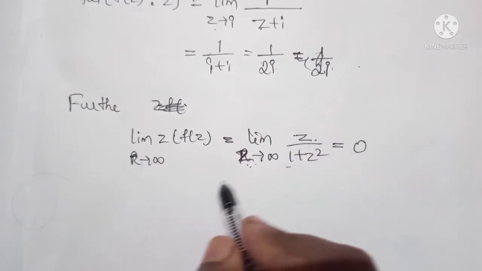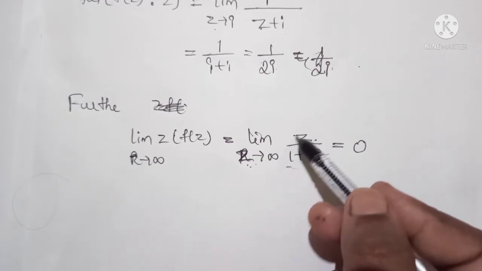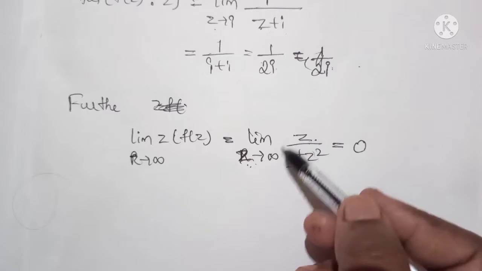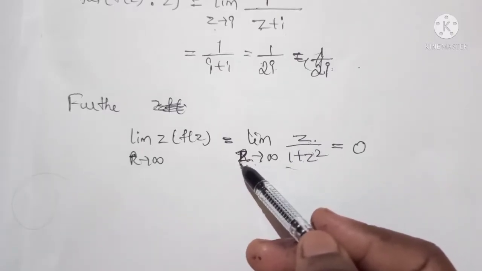We get 0, because if you take z square outside, z cancels, we get 1 by z, and 1 by infinity equals 0. So we don't substitute z directly.